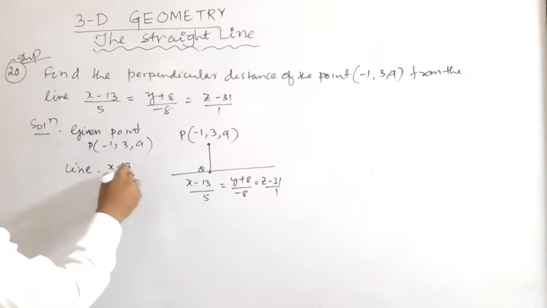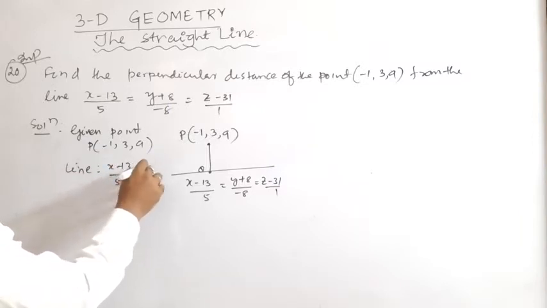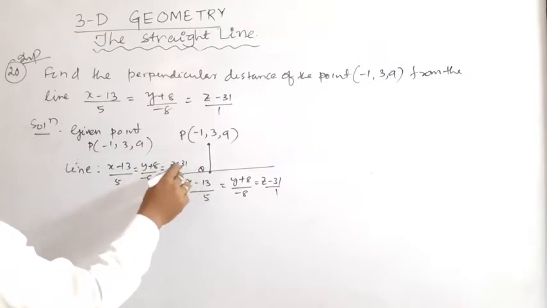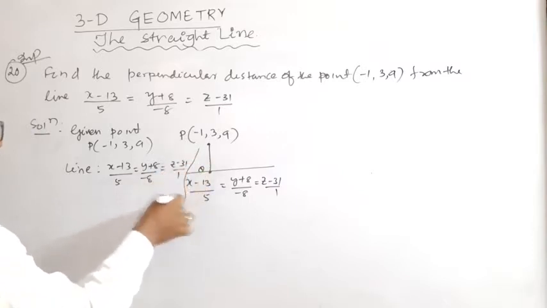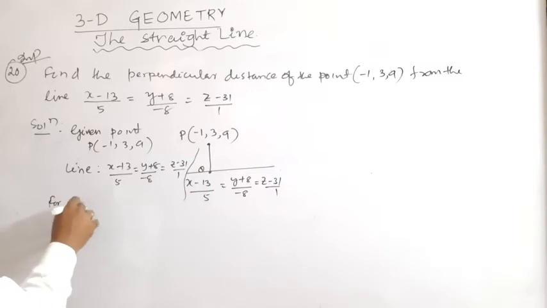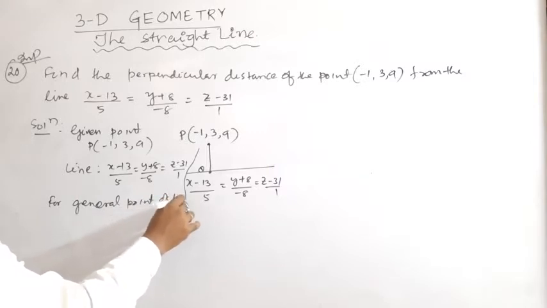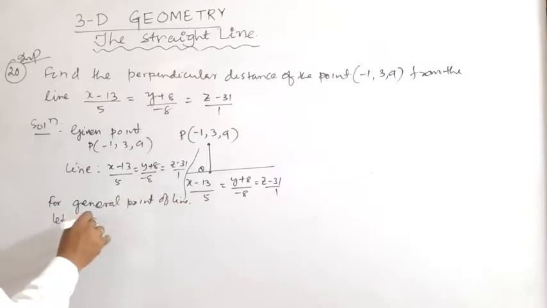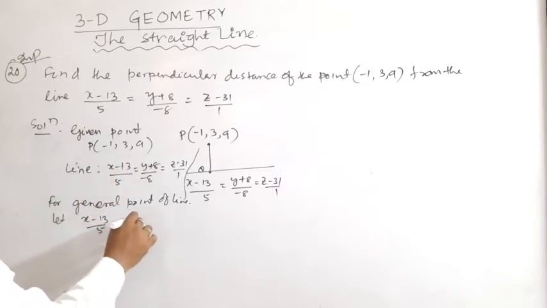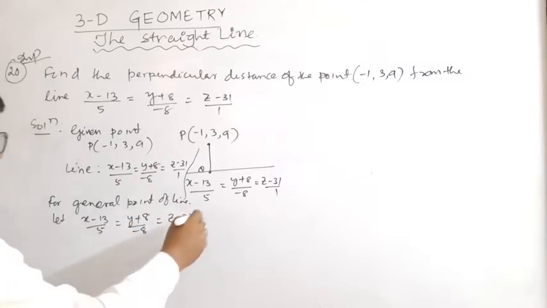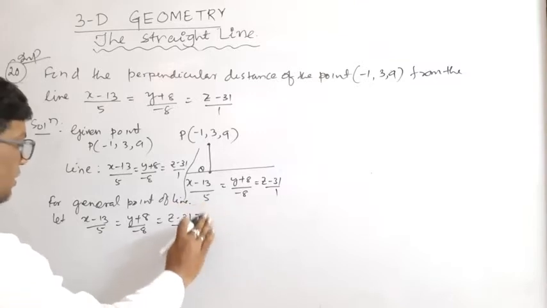x minus 13 by 5 is equal to y plus 8 by minus 8 is equal to z minus 31 by 1. This is the line. Same concept: for a general point of the line, let (x minus 13) by 5 is equal to (y plus 8) by minus 8 is equal to (z minus 31) by 1 is equal to lambda, or k, or anything.